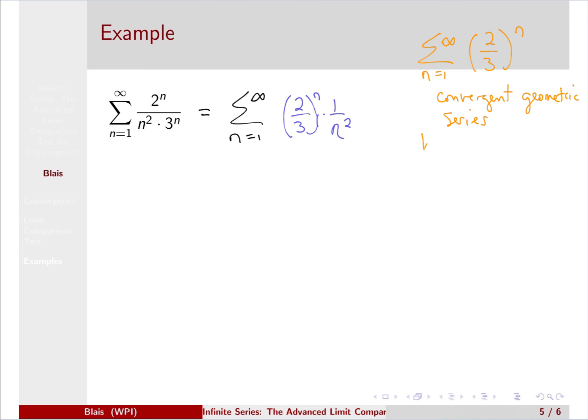So put in the jargon of the theorem, we are saying our b sub n is 2/3 to the n. And we can now put this together and use the limit comparison test.